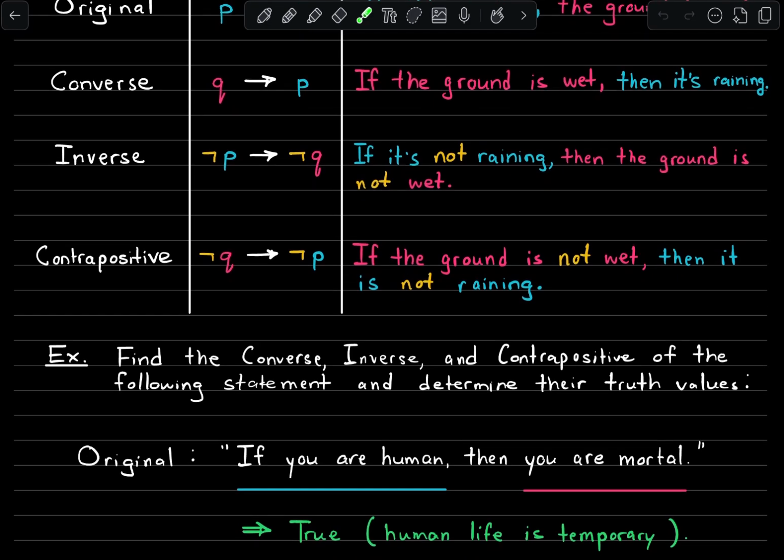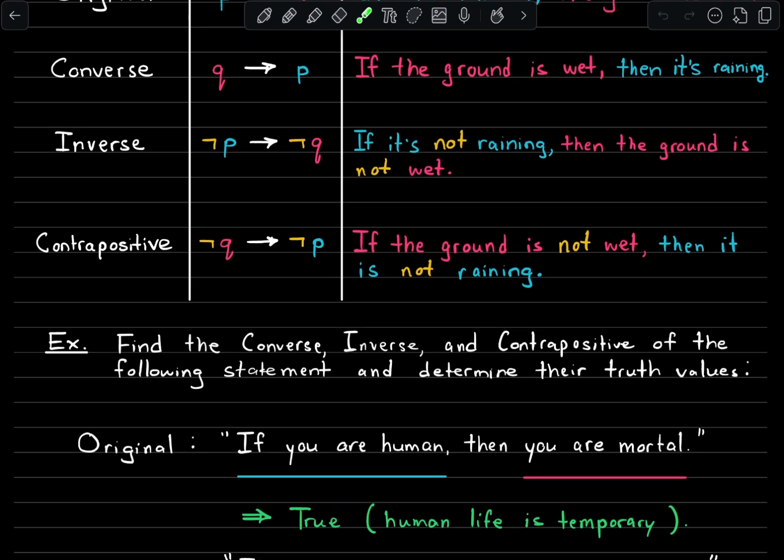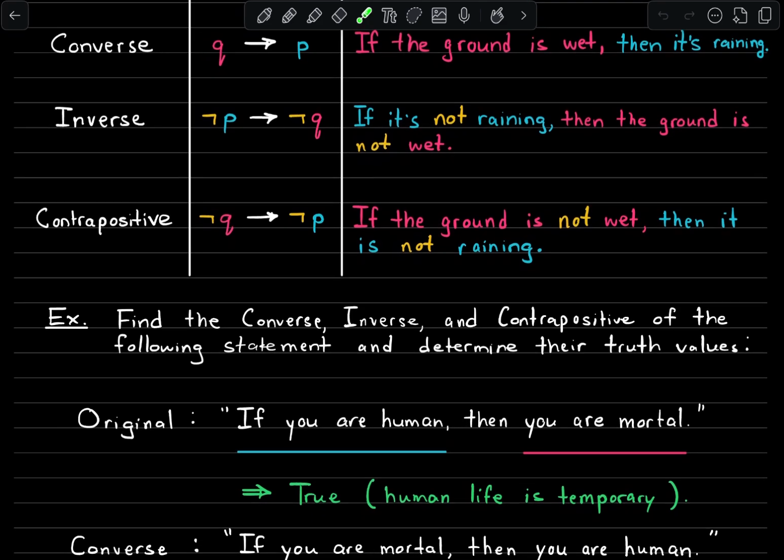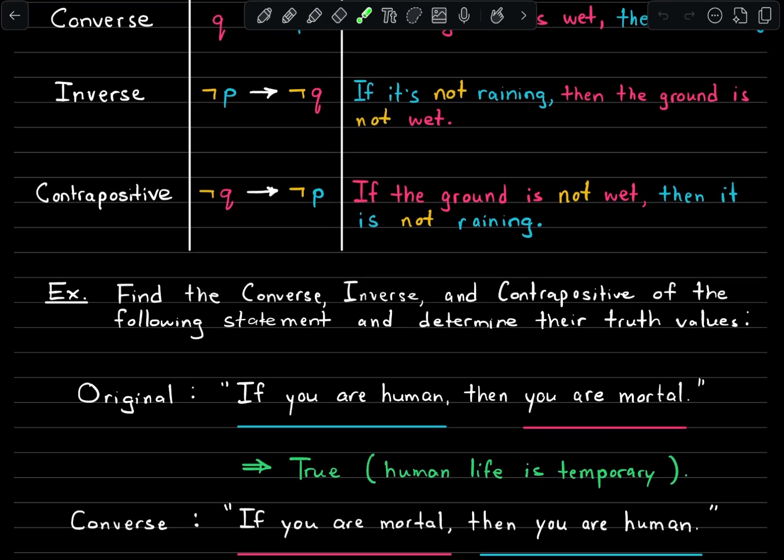Okay, so first of all, the original has a true truth value. Human life is indeed temporary, at the moment at least. So this is a true statement. If we flip this, if we make it, if you are mortal, then you are human. This is the converse. Is this a true statement?